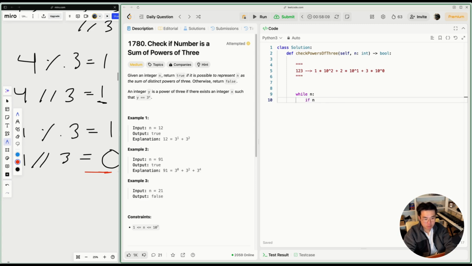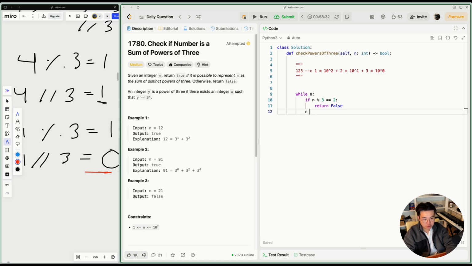If n mod 3 is equal to 2, that means we are going to have to use that power twice, which means it's not distinct anymore, so we just return false.